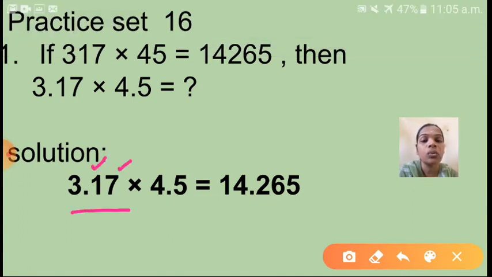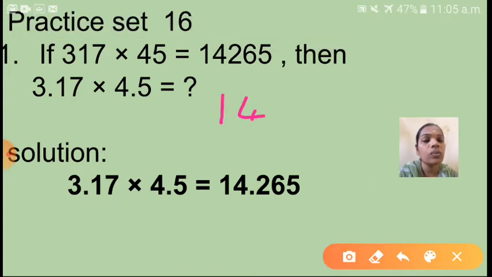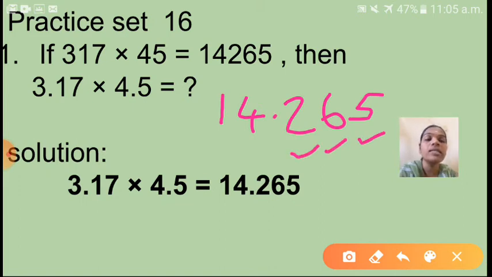See here, children, can you count how many digits? 1, 2, and here also 1. So total 3 digits are there. So your answer is what? You just have to count from right side to the left. 1, 2, 3. Here you have to put a decimal point.